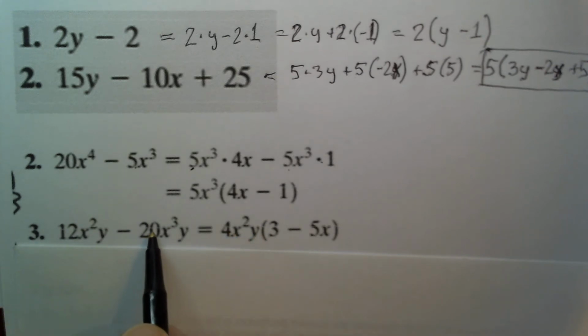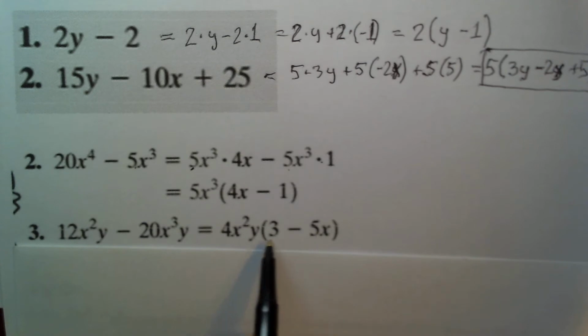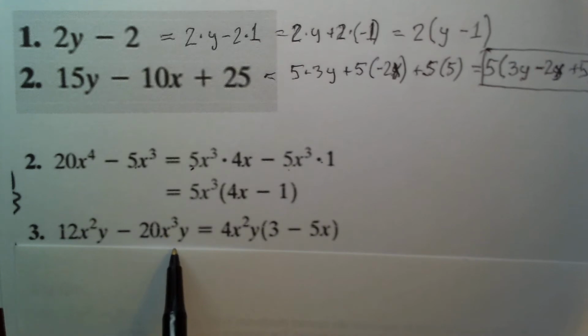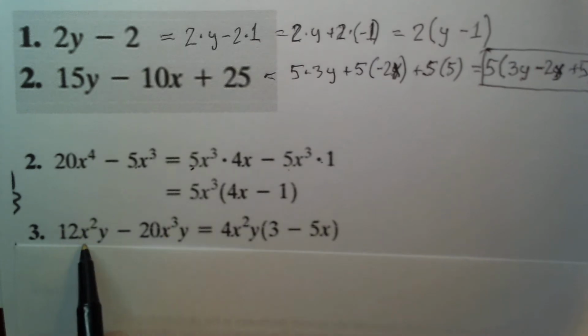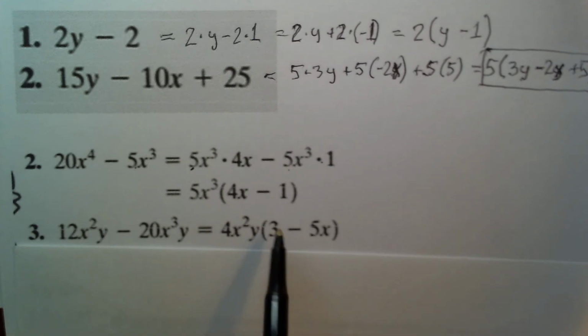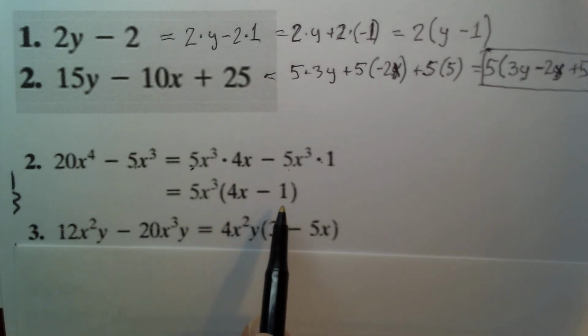And here, when we factor 20 by 4, that's 4 times 5, so that's a 5. And there's an x left over, because then x squared times x gives us an x to the third. So that would be the factorization of the polynomial to the left, a monomial times a binomial. Again, we had this before, a monomial times a binomial, as we had it in the previous examples also.